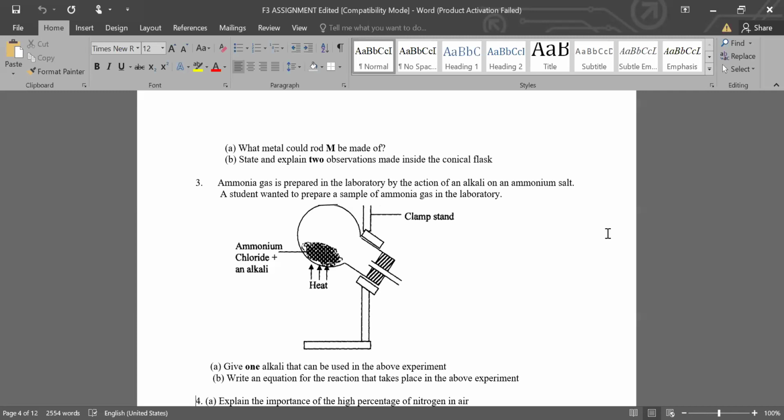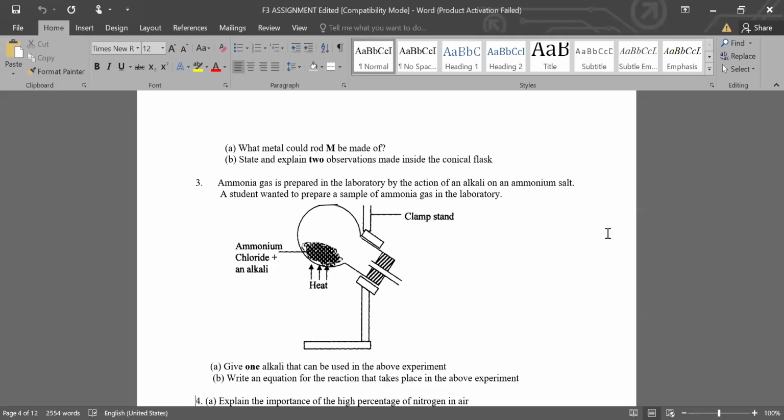And as the reaction continues, the observation that will be made is that it will continue to glow red, because the reaction between ammonia and oxygen is exothermic. It will produce heat to maintain the hotness of the platinum. The platinum will continue to glow red. That is one observation. The hot platinum will continue to glow.